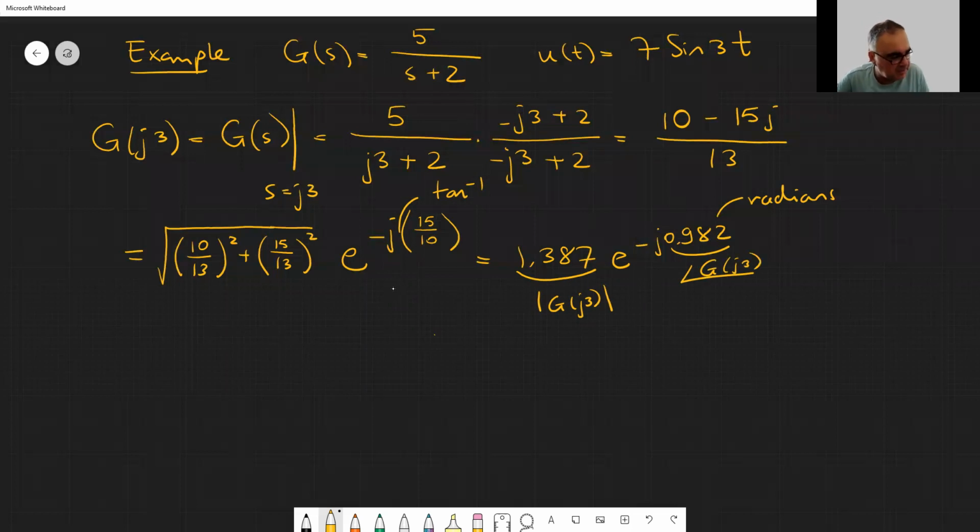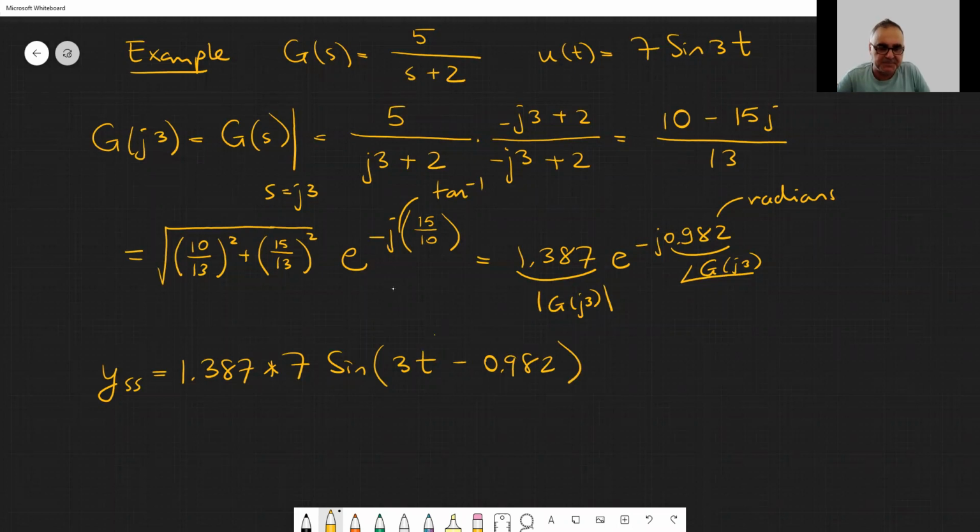Okay, in radians. So the output, if input u is sine 3t, the output at steady state is going to be, 7 is the input, rather, I should say, let's multiply it by 1.387. 1.387 times 7 is the amplitude, sine 3t minus 0.982 radians.